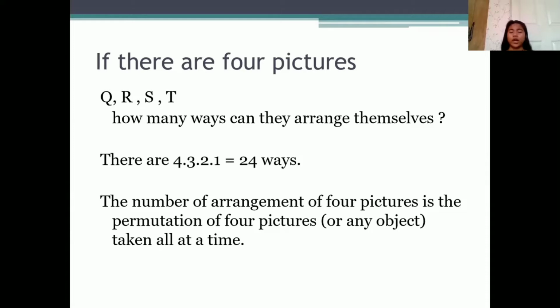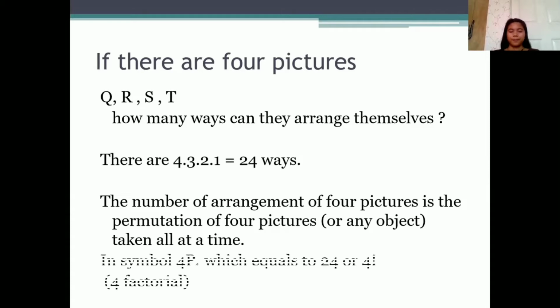So the number of arrangements of 4 pictures is the permutation of 4 pictures, or any objects taken all at a time. In symbol, we have the permutation of 4 taken all at a time, or taken 4 at a time, because we have 4 pictures and we take all the 4.